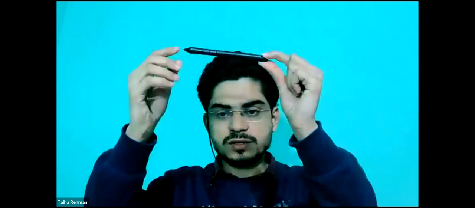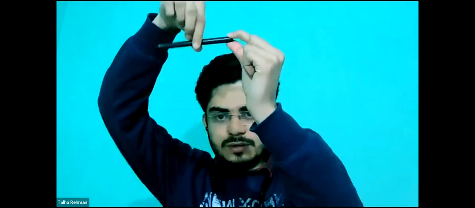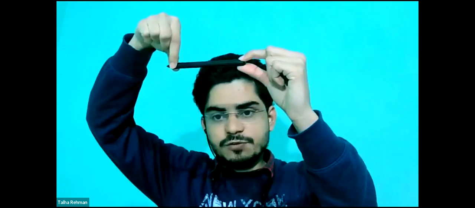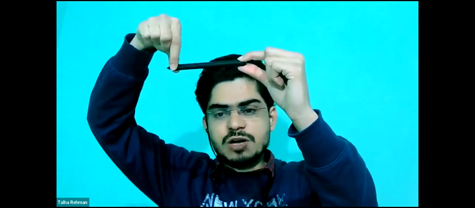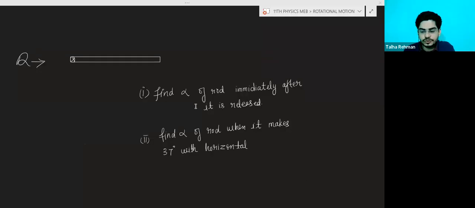Suppose you are applying a force here and then you release this rod, so it will go like this. They are asking immediately after the release, what is the angular acceleration of the rod?